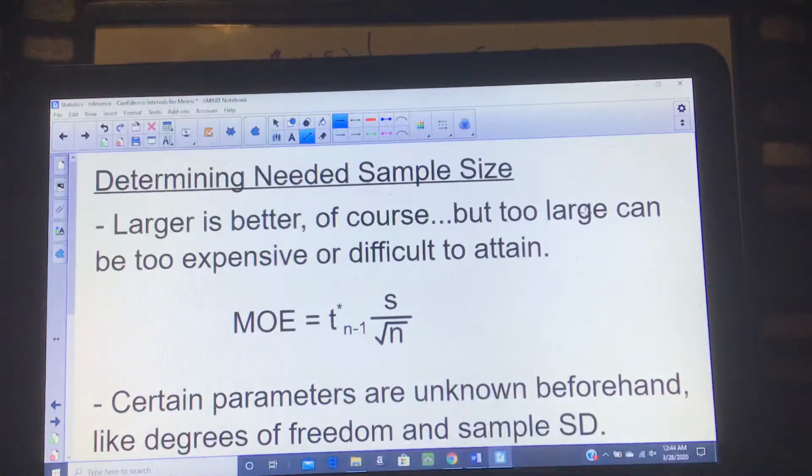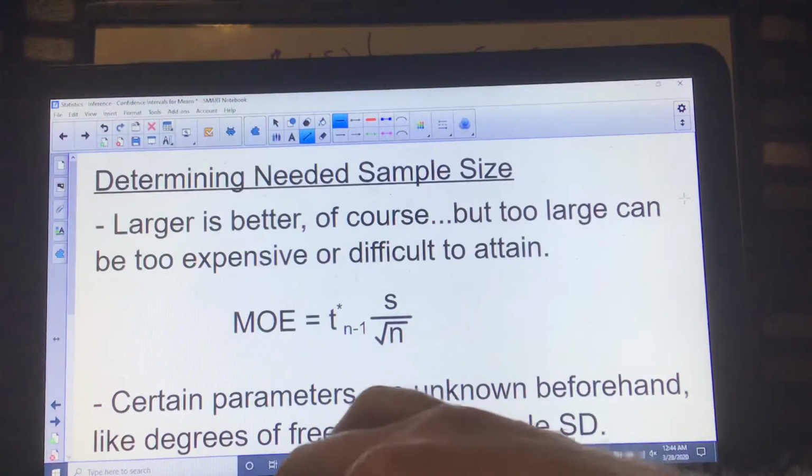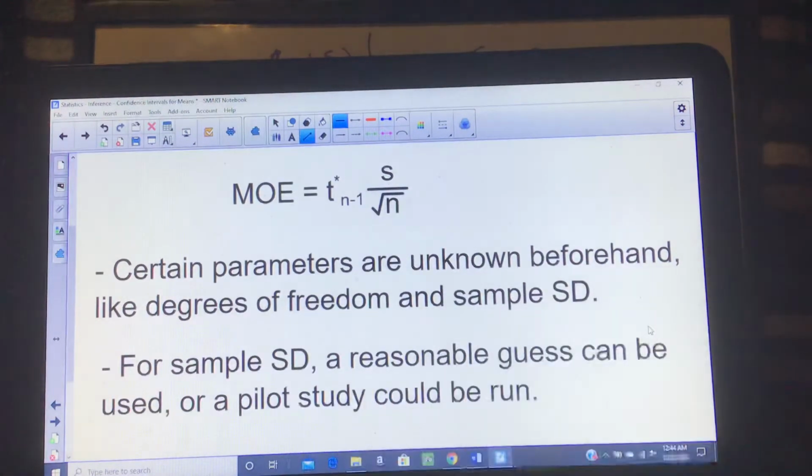So that's what this part says. Certain parameters are unknown beforehand, like the degrees of freedom we need for our t-curve and the sample standard deviation, because we haven't actually taken our sample. So we need ways around this. What they do in real life is for the sample standard deviation, you can use a reasonable guess, or you can use another study or take some samples yourself beforehand.